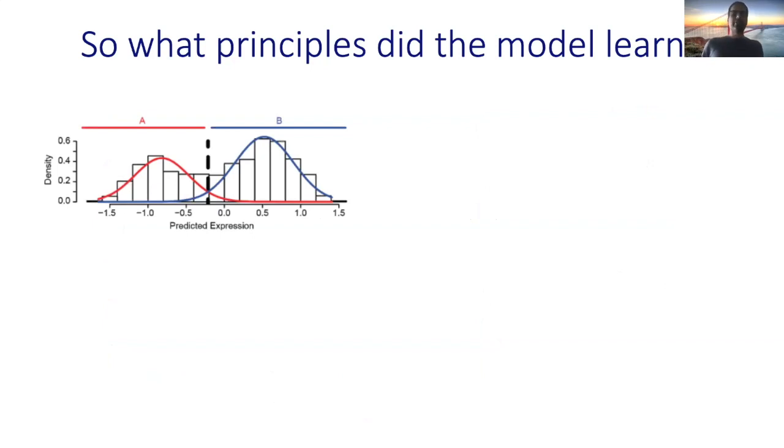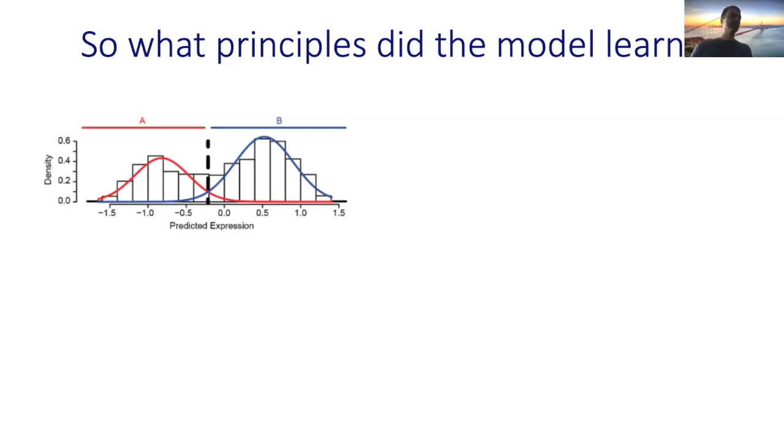So I was very interested in learning what are the sequence encoded features in the promoter that the model has learned. My approach was to do something as simple as possible, which is just generate predictions for a group of genes in the test set. And then I noticed that you could fit this into a bimodal distribution of two classes: a subset of genes that are very lowly expressed and lowly predicted, and a subset of genes that are highly predicted.